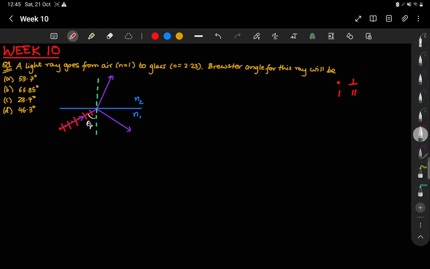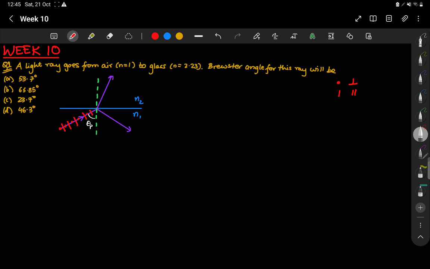And the plane of incidence is the plane containing the normal and the incident ray. So that's the nomenclature.